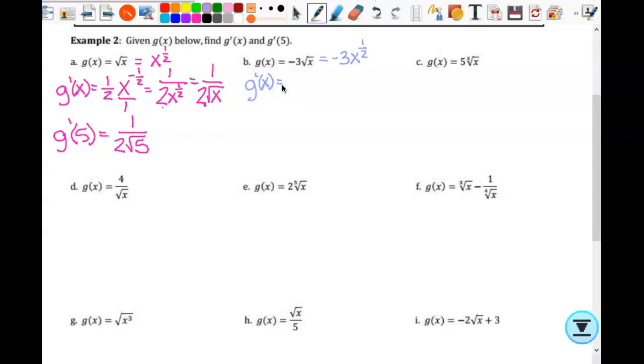That's equal to, so now I'm going to take this 1/2 and multiply it by the negative 3, so I get negative 3/2. Then times x to the what? Negative 1/2. Good. So then I can rewrite this as, I know I have a negative 3 in the numerator, a 2 in the denominator, and then that square root of x goes in the denominator as well.